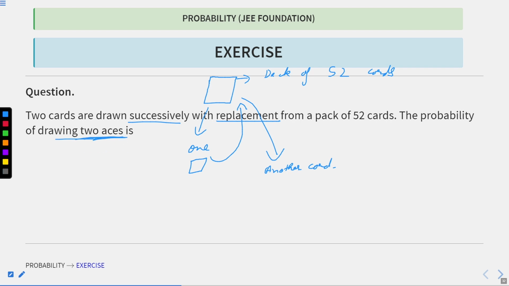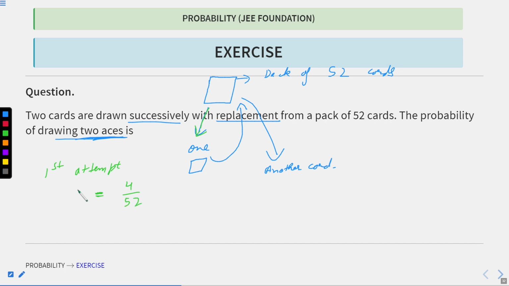Here, if you see, in the first attempt you draw a card, so the probability of getting 1 ace will be, the number of favorable outcomes for ace is 4 and the total number of outcomes is 52.